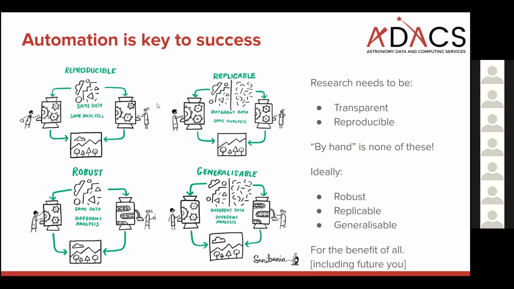So in particular, ideally we want all of our work to be reproducible so that other people can take the same data, do the same analysis, come to the same result. When I say other people, that actually includes you in the future. So the referee comes back to your paper and says, I don't quite trust this result.